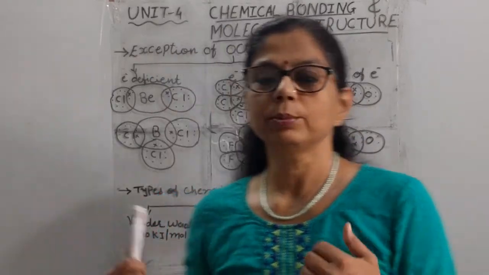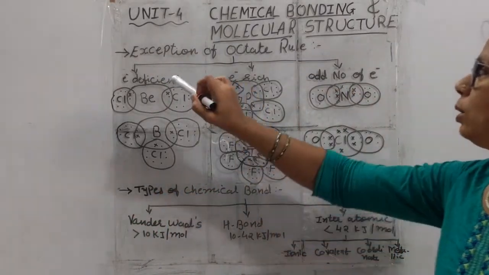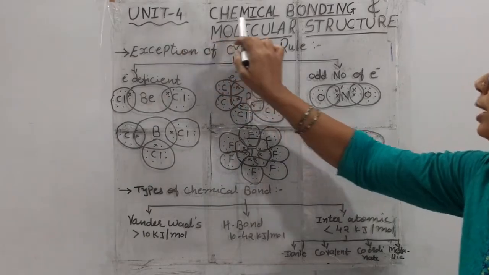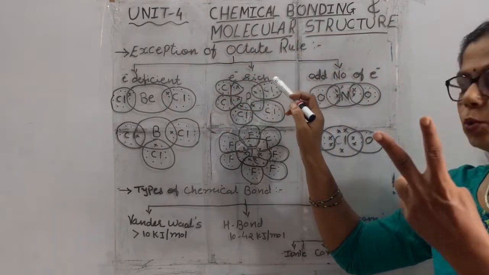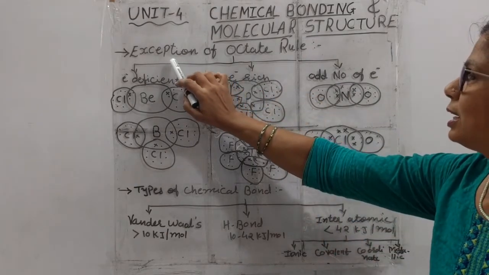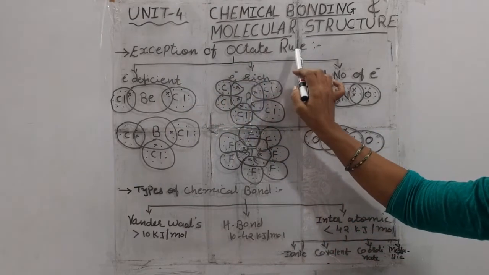Just student, look at the board everyone. Now here, Unit 4 Chemical Bonding and Molecular Structure part 2. Here we'll start with exceptions to the octet rule.